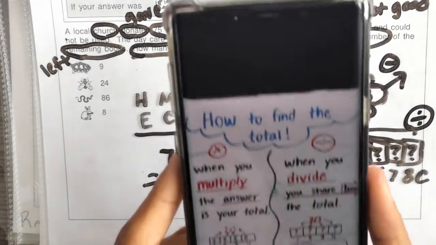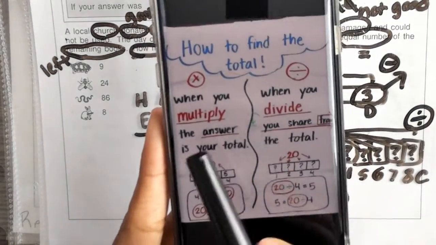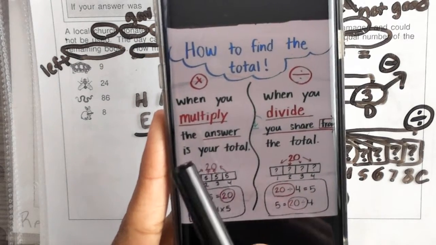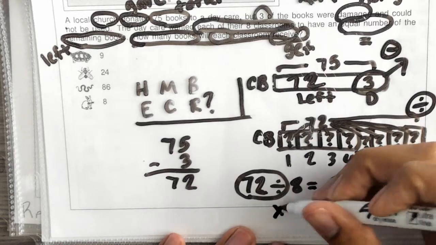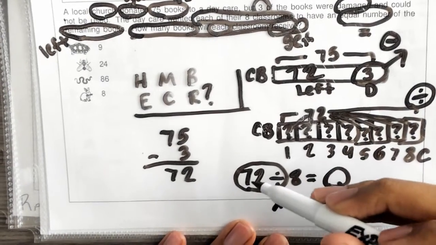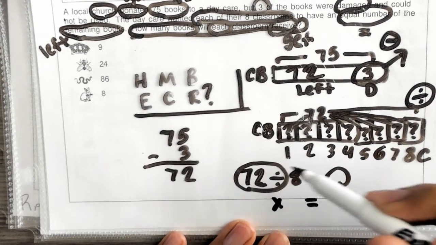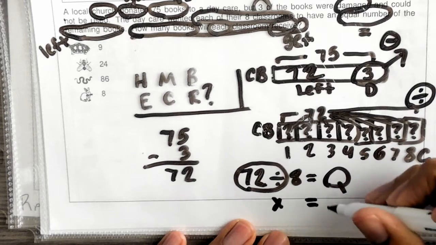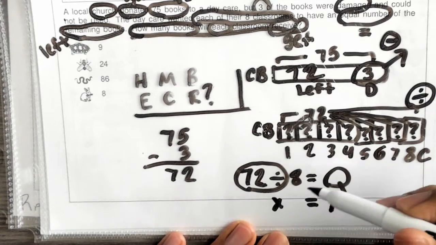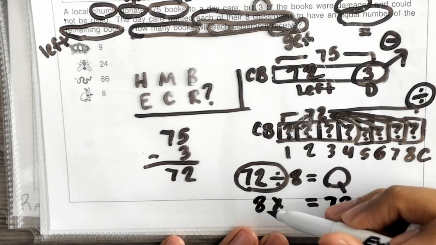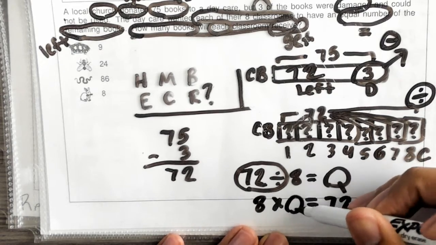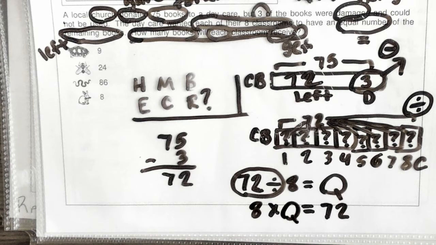And now let's look at the multiplication side. It says when you multiply, the answer is your total. So let's set up our multiplication number sentence. That 72 is going to be our total, and in multiplication, that's our answer. The only number that's left is 8. So that means that 8 times something, 8 times our quotient, is going to be equal to 72.